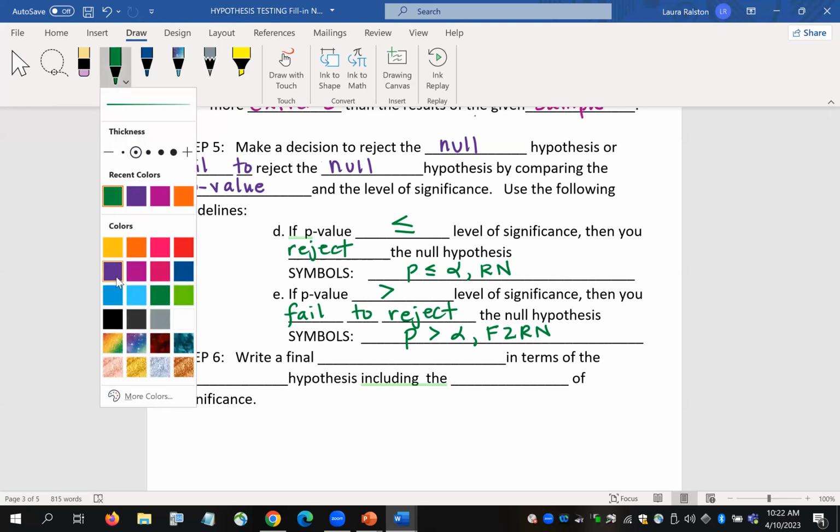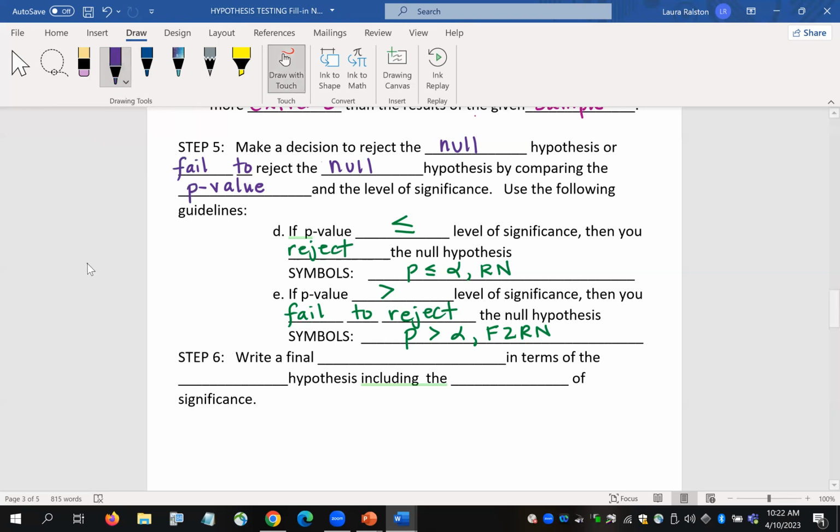After you've made the decision, and I don't know if you've ever been on a jury, but typically after the jury deliberates, before they go back into the courtroom, there's usually a document that has to be filled out that indicates what the verdict is. That's like step 6 of our process.